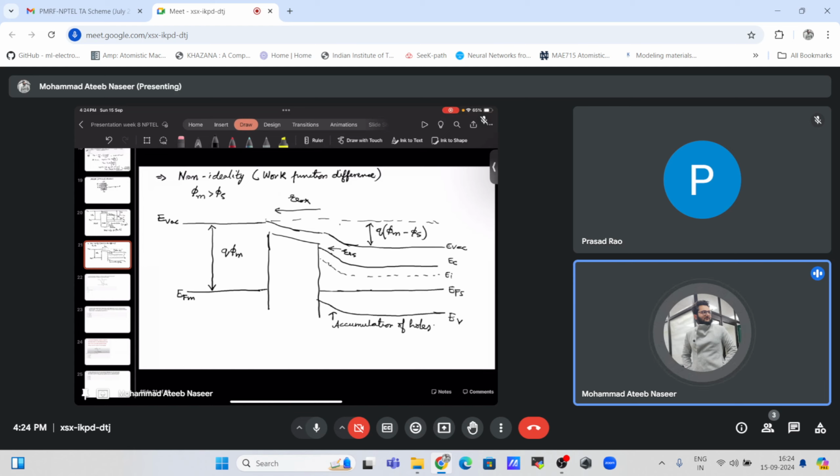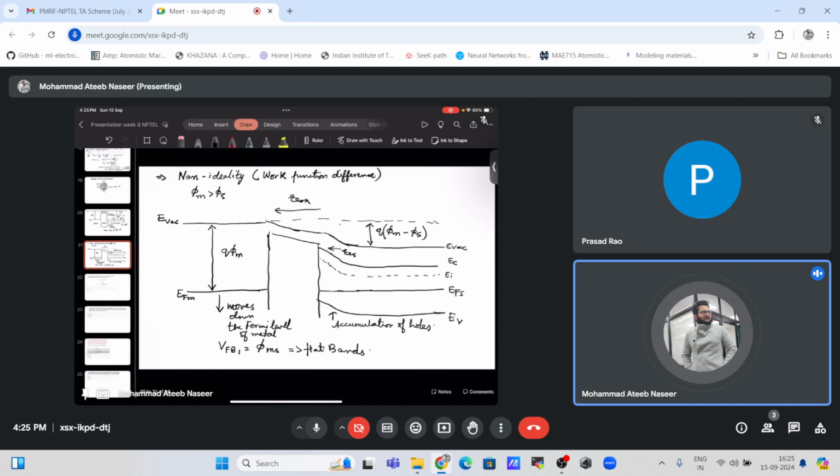So if we apply some VFB voltage, VFB1, which is equal to this difference phi ms, we will be having flat bands, because now we will be attracting the electrons towards the interface, and as a result, the Fermi level of the metal moves down.